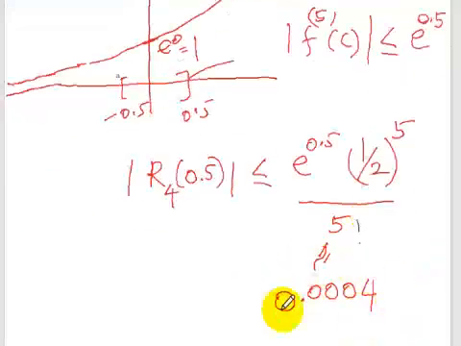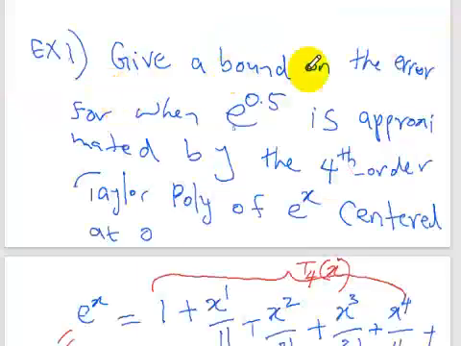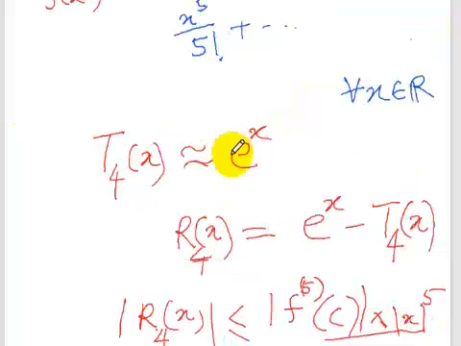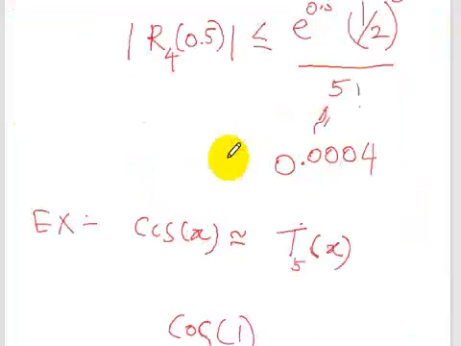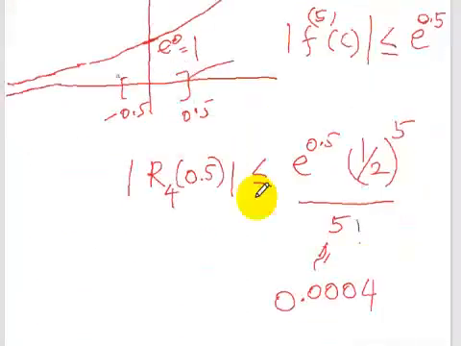So the problem gives an error bound on the error when e to the 0.5 is approximated by the fourth order Taylor polynomial of the exponential function centered at 0, right? I hope this makes sense to you.